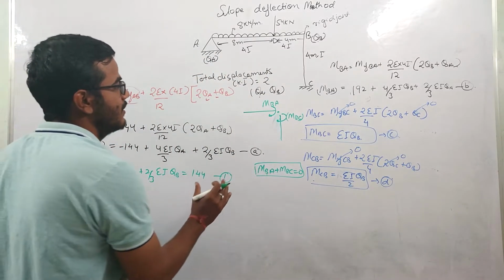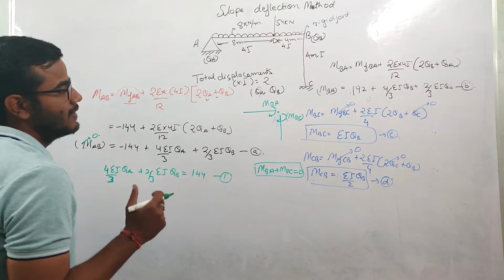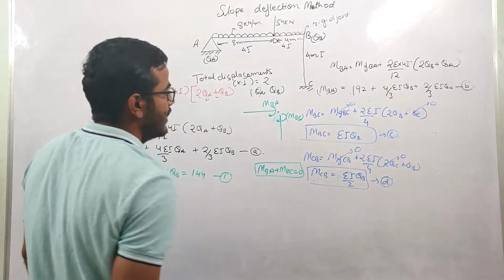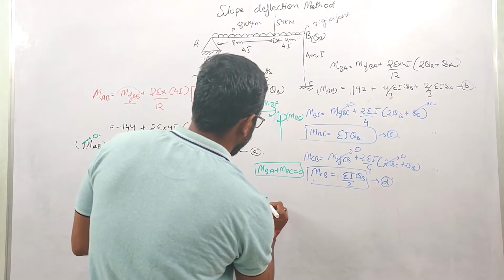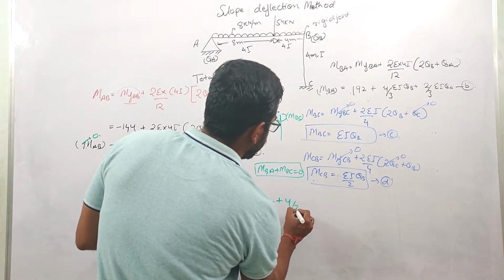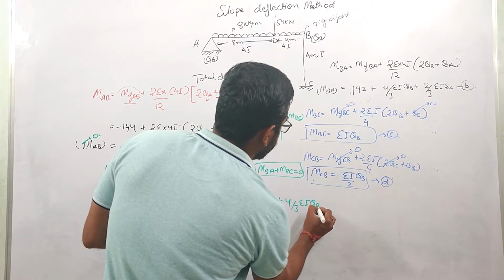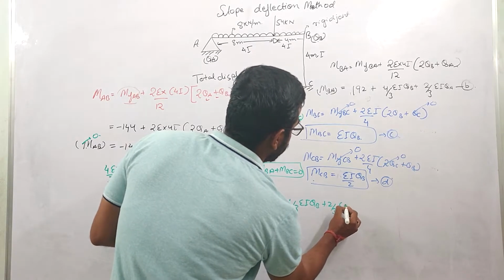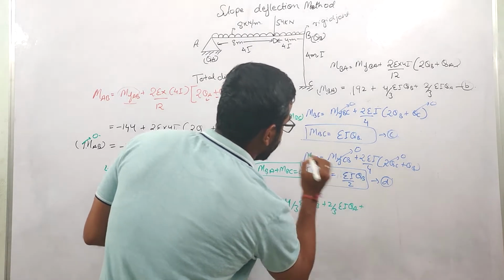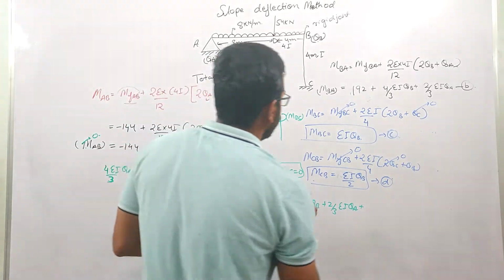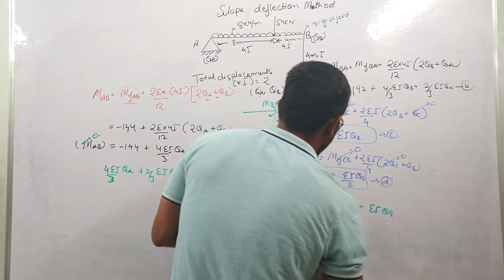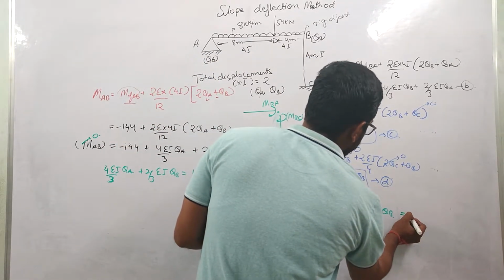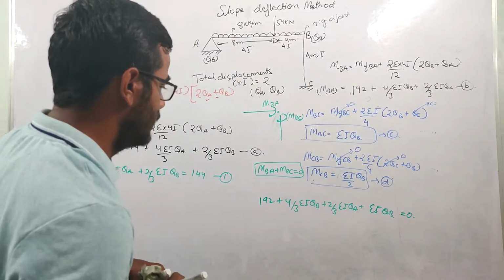This equilibrium condition will give me another equation. What is the value of MBA? MBA is nothing but 192 plus 4 by 3 EI theta B plus 2 by 3 EI theta A, and the value of MBC is nothing but EI theta B. So this value should be equal to 0.